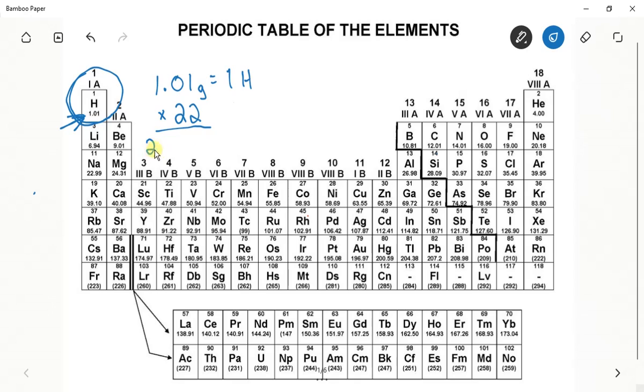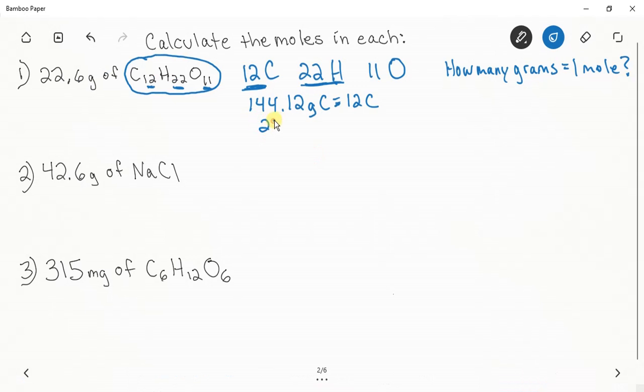And that'll give you 22.22 grams of hydrogen equals 1 mole of H sub 22, or 1 mole of 22 hydrogens. So let's take that 22.22 grams back to our worksheet, and we'll put 22.22 grams of hydrogen equals 22 hydrogens.